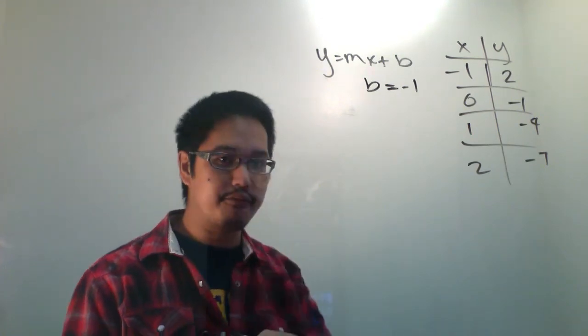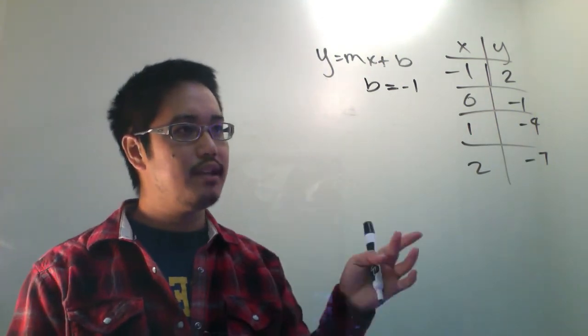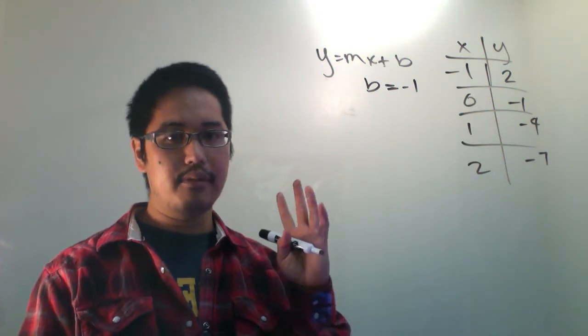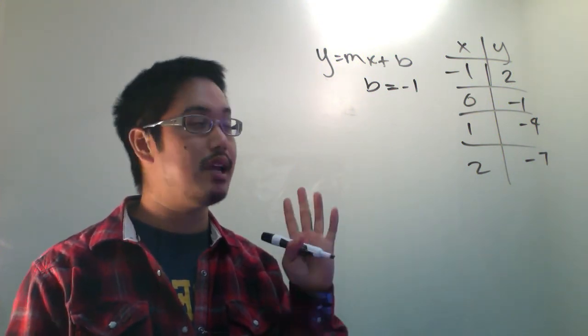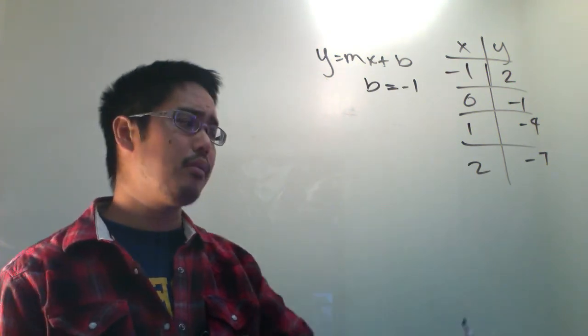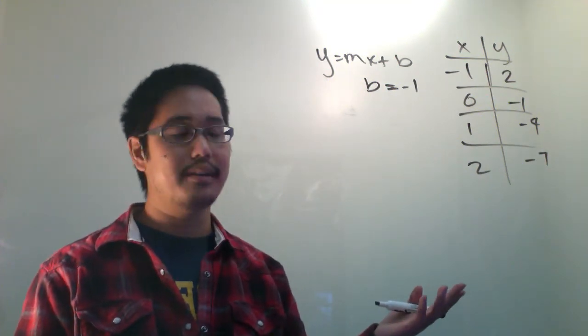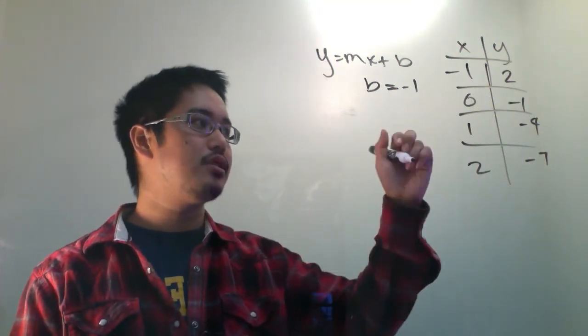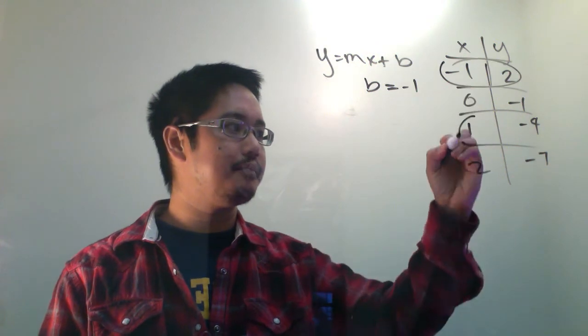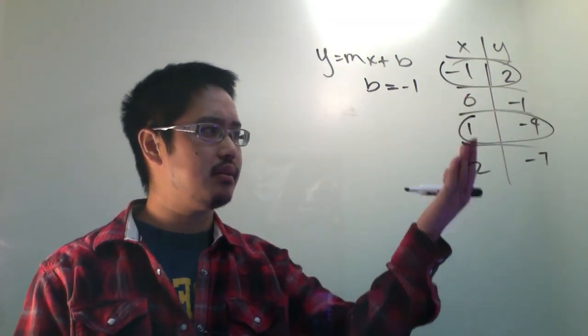Now what we got to do is figure out the best way to find the slope of this thing. In the past, you've been able to find the slope if you've been given at least 2 points on the graph. We have 4 points on the graph, so we can choose really any 2 of those and we'd be fine. I'm going to choose maybe this one and this one, but you can choose this one and that one, or any other pair.